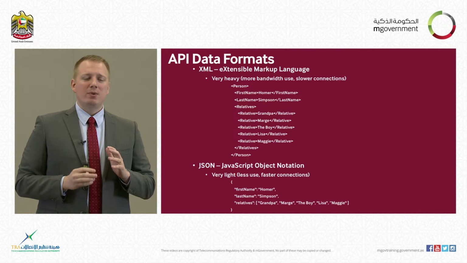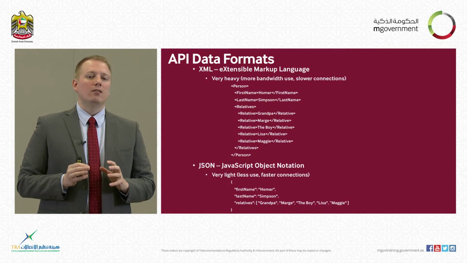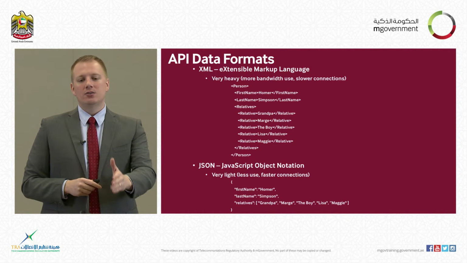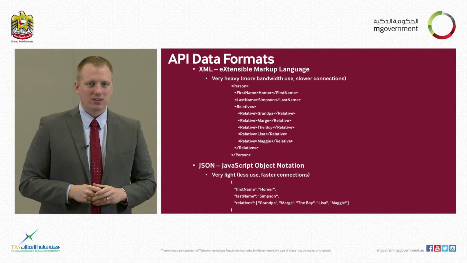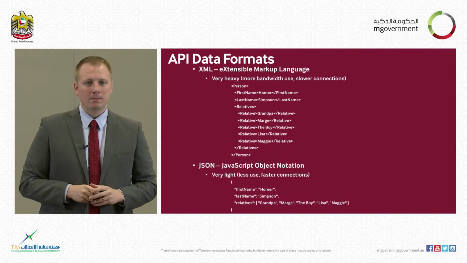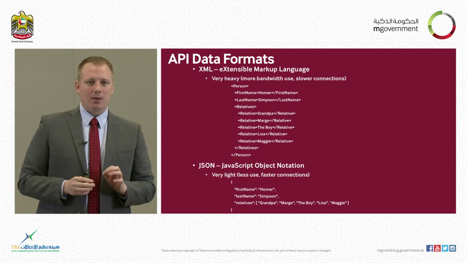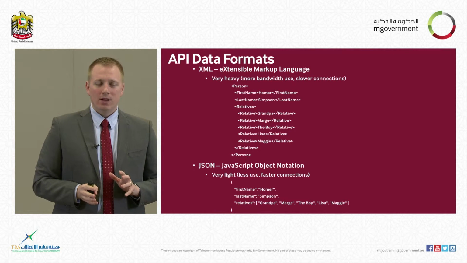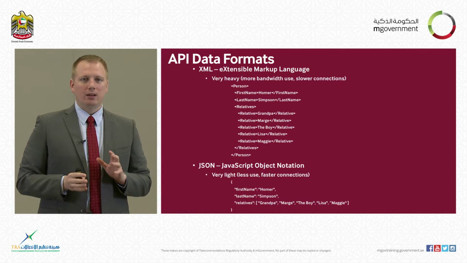Now, with regard to APIs, we need to be aware of the data and how it is passed back and forth. So we need to understand the different data formats that you're most commonly going to find when engaging with any kind of API. And these are going to be XML and JSON. XML is the extensible markup language.